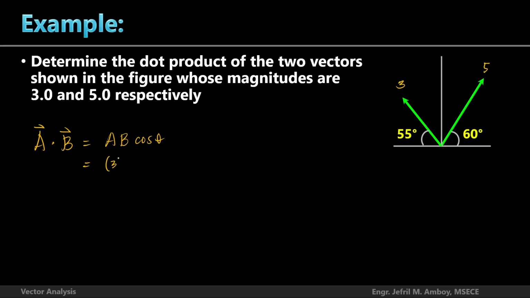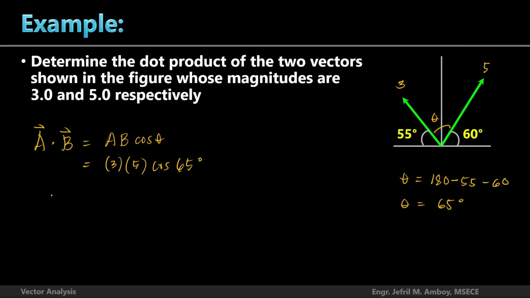So this is 3 times 5 times the cosine of theta. But what is this theta? To get the value of this angle theta, this theta is equal to 180 minus 55 minus 60. If you subtract, the answer is 65 degrees. Now, I just copy 65 degrees here.